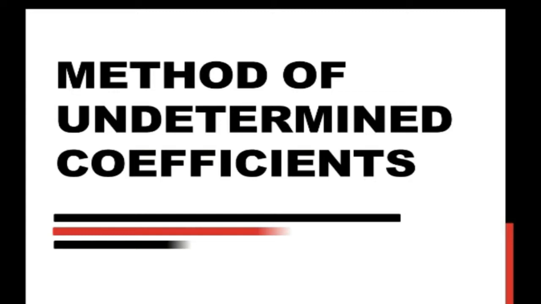Hi engineers! In this video, we're going to discuss the method of undetermined coefficients. So sa previous lesson, kung mapapansin nyo na ang homogeneous equation ay naka-equate sa 0. But paano kung naka-equate na siya sa isa pang equation?